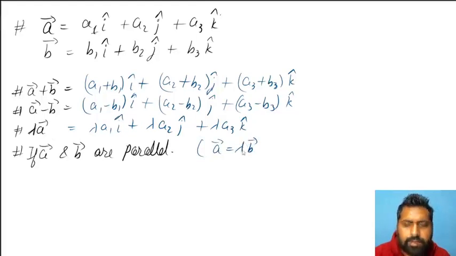Means you should be able to write a vector as some number times b vector. If I can write a vector as lambda times b vector, they are parallel.